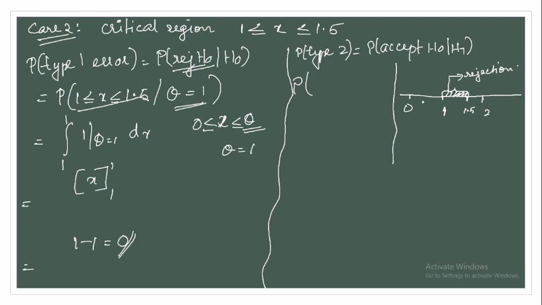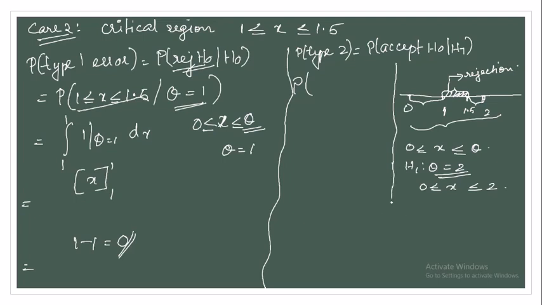We know that the range of x is 0 less than or equal to x less than or equal to theta. Now you have the alternative hypothesis H1, theta is equal to 2, so the maximum value x can take is 2. That is why I put a 2 over here. So what is your acceptance region? Other than the rejection region, whatever region remains is your acceptance region. So your acceptance region is from 0 to 1 and from 1.5 to 2.